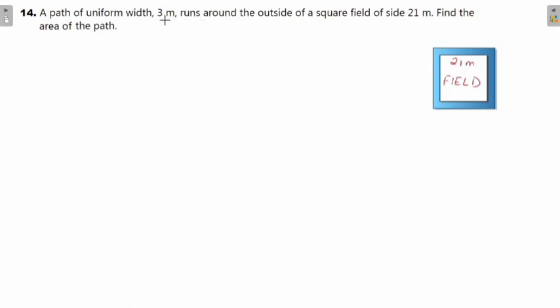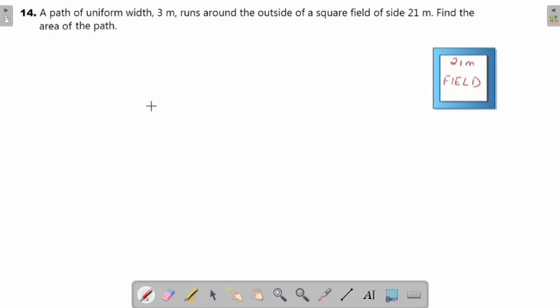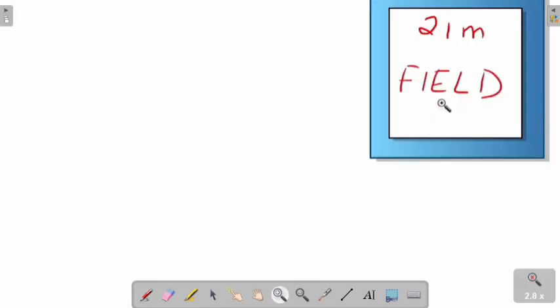Now when there's a path of uniform width, if you are not able to see, let me zoom it a bit for you and show you. So all of you know from here to here is 21 meter, it is given. And what about this width? How much is this width?